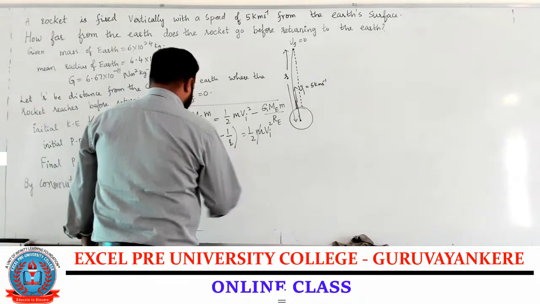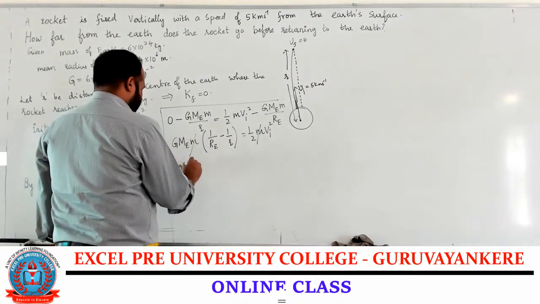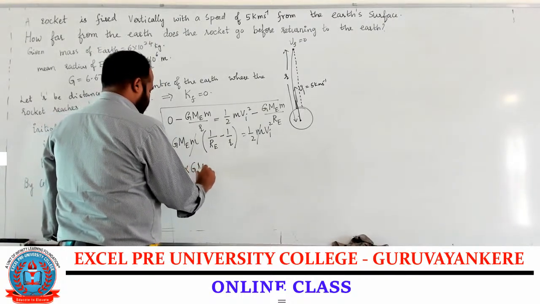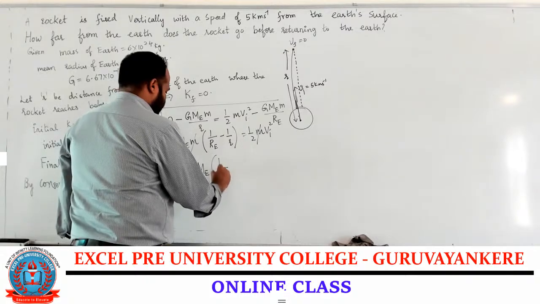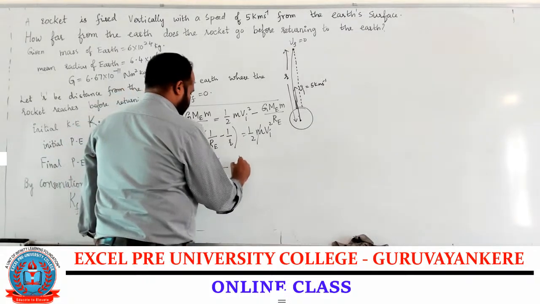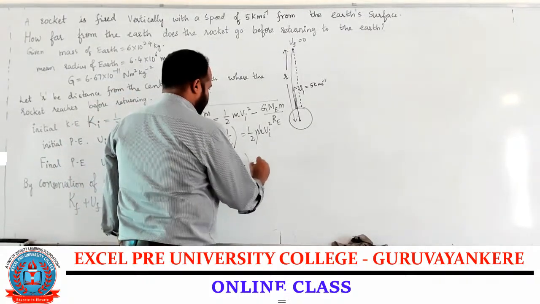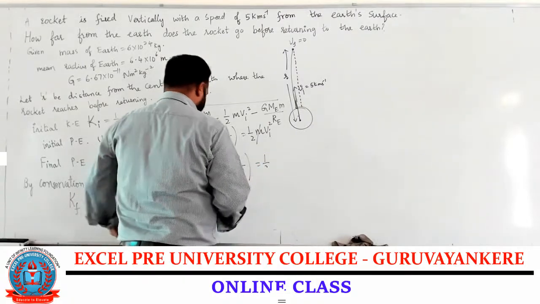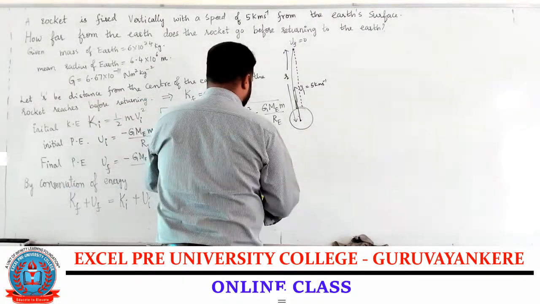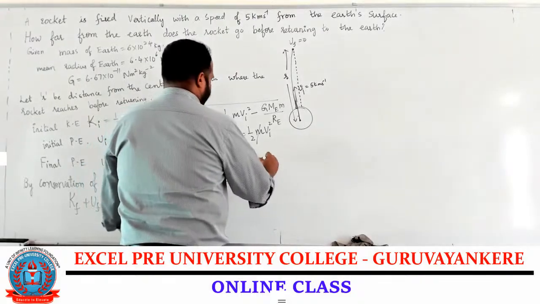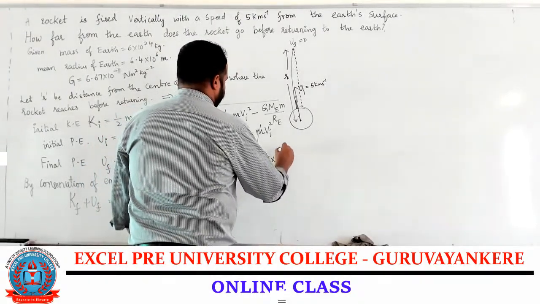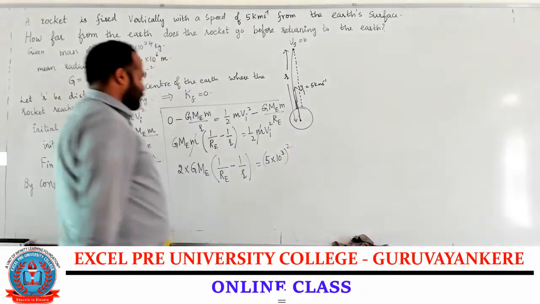So it is now 2 into GMe times 1 by Re minus 1 by r is equal to half Vi square. I have taken it to this side now. So what is Vi? 5 kilometer per second.